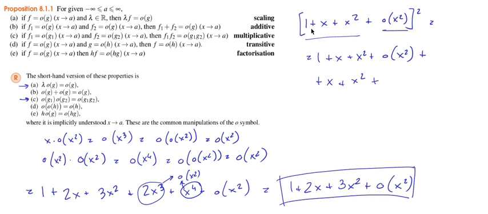And then we have x squared that multiplies 1, and then x squared, everything that it's going to multiply is going to be small o of x squared, so we don't really need to care about that. And then everything that multiplies small o of x squared is going to be small o of x squared. So we just have that, and from that we just collect the terms, and we're done, right?